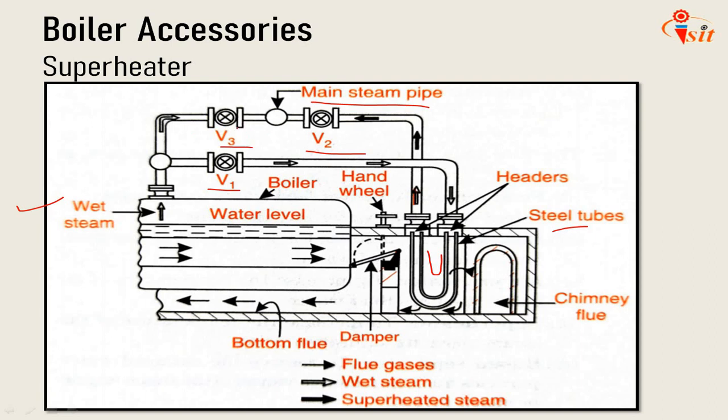When the steam passes through the superheater, that is when the superheater is in action, the valve V3 is closed. The valve V1 and V2 are opened. The path of the gases is controlled by the damper, which is operated by the hand wheel. Okay, so that is about superheater.